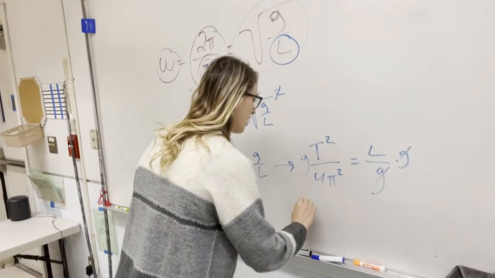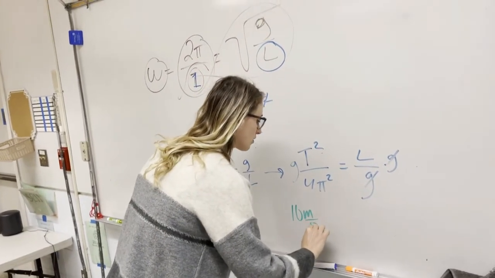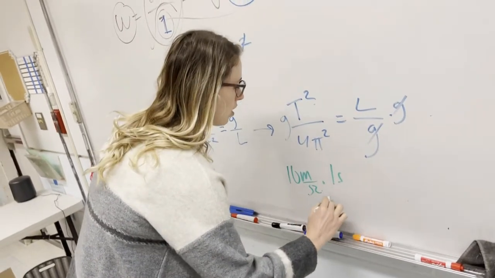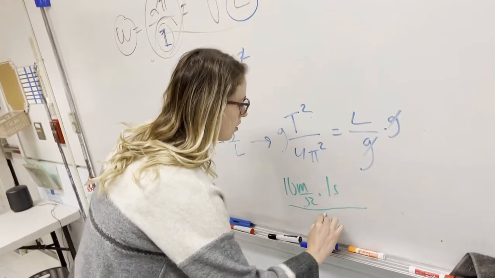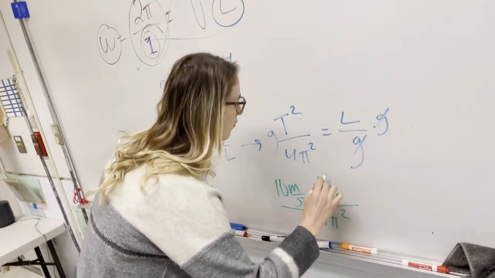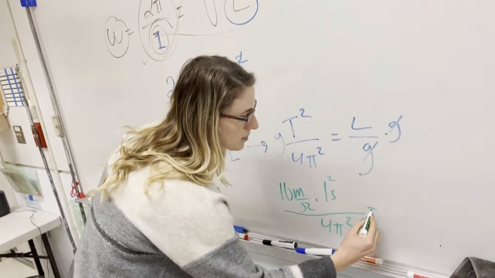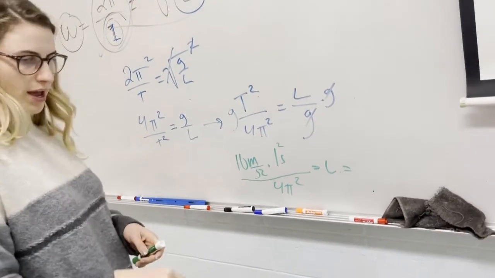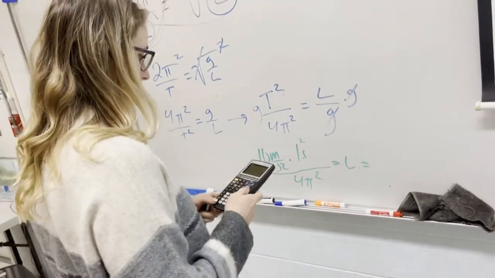Okay, so this will be 10 meters per second squared times 1 second, all over. And when you square 1, you get 1, right? Oh, I forgot it was squared. Sorry. Don't forget to square it. Okay, but yeah, so we've got 10 divided by 4 pi squared.